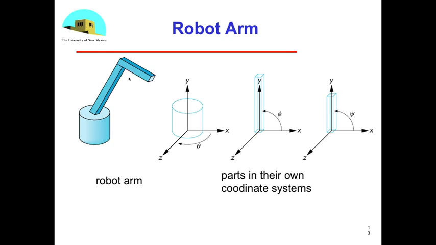But we can think of it as consisting of three basic parts, each of which is defined in its own coordinate system. We have the base, which is a cylinder, which in its own system could be sitting on the y=0 plane, with the bottom centered at the origin, and it now has 1 degree of freedom. All it can do is rotate. Now all of these are very simple connections.